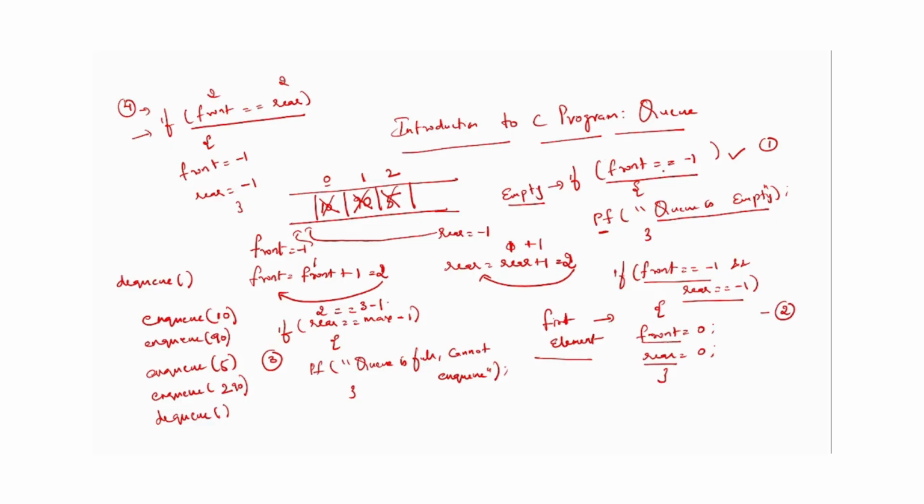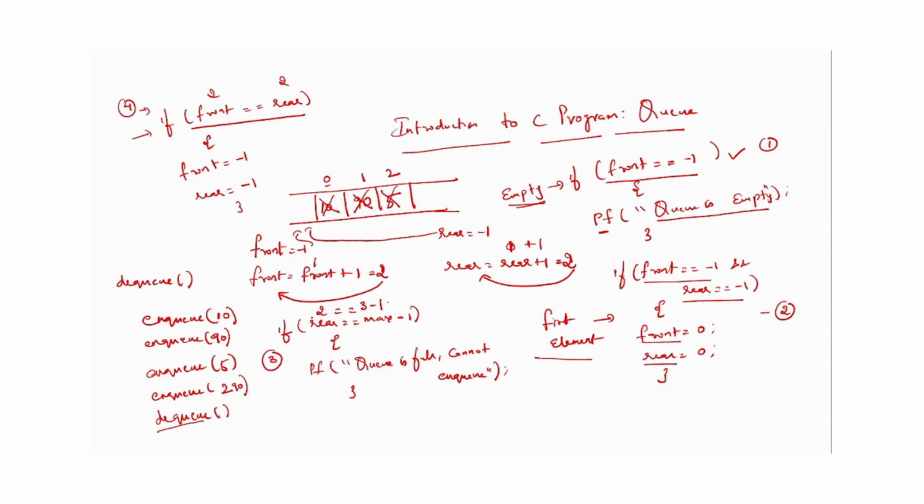So we have seen actually 4 conditions. First, the empty condition: if you want to delete any element, you first need to check whether the queue is empty or not. If the queue is empty, then don't allow deletion. If the queue is not empty, then allow dequeue or deletion, right? Then comes the next condition, the simple condition: if the queue is empty and you want to insert the first element, then simply say front equal to 0 and rear equal to 0 and insert the first element, right?